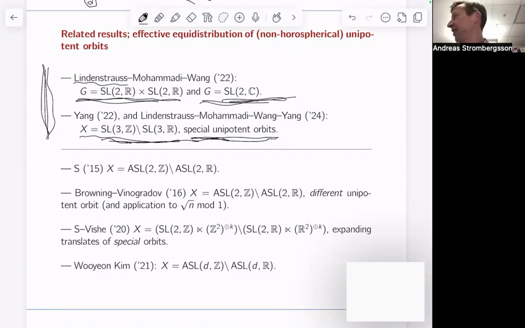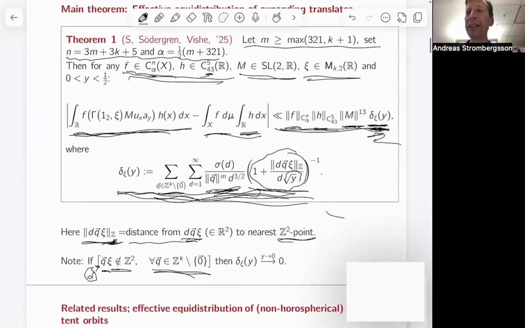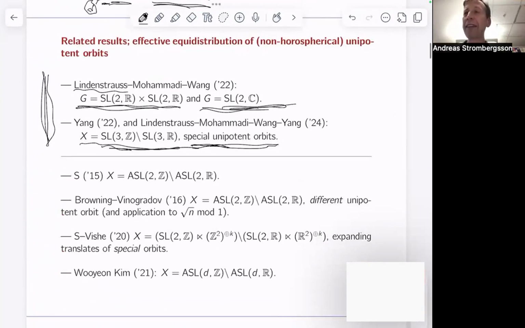But one difference is also that we get quite a good power rate. As you will see soon, if psi satisfies some Diophantine condition, then delta psi sub y actually behaves like a quite nice power of y that we can specify. Whereas there, they also get power rate decay under Diophantine conditions, but this power is really tiny, and maybe not easy to even specify.